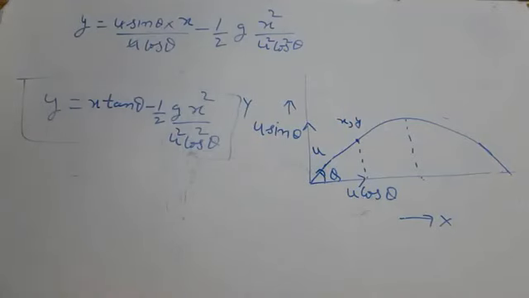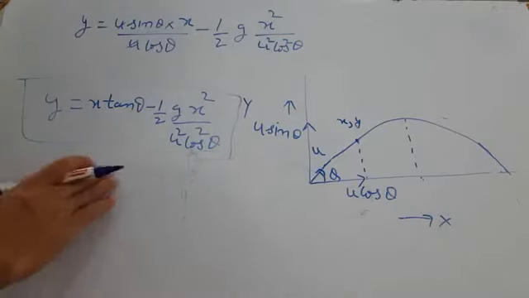Actually, it is the equation of a parabola. Non-medical students will study it later. So that path will be parabolic, and the equation will be given by x tangent theta minus half g x square upon u square cos square theta. So that will be the equation. Now this equation contains the entire information about this projectile motion.